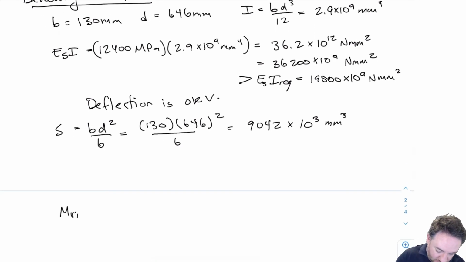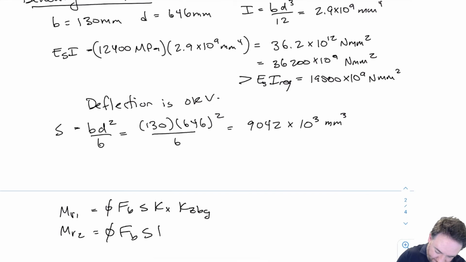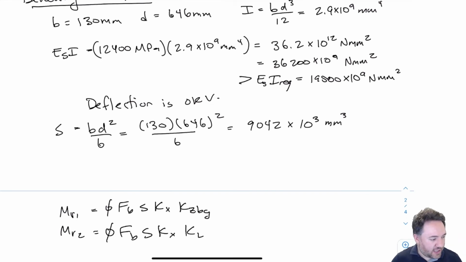We have MR1 and we have MR2, and they look like this. One check that uses the KZbg and one check that uses the KL. So we're going to have to calculate all these parameters and plug them in. And remember that it's the minimum of these two that governs the strength in bending for Glulam.